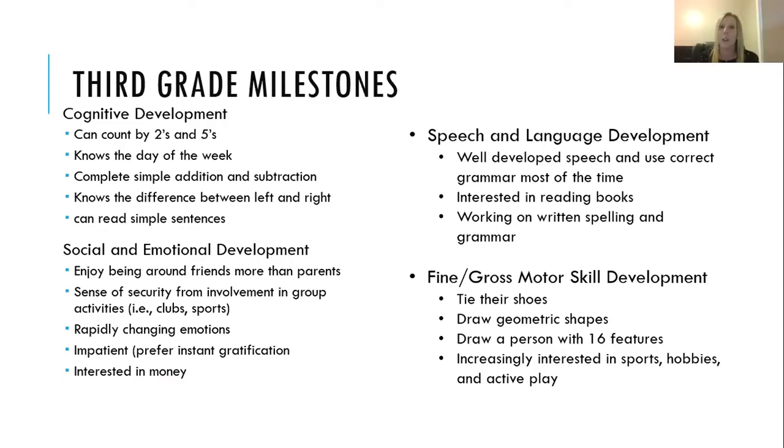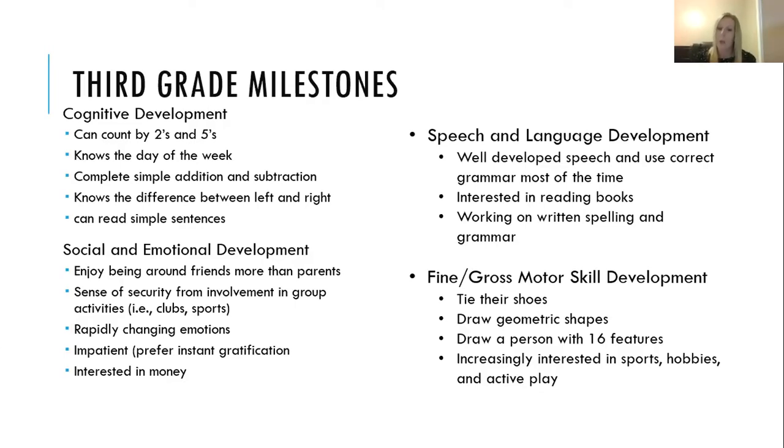Also, for speech and language development, they should be pretty well developed around this time. They should have pretty good grammar, some grammar errors, obviously, are acceptable. They are interested in reading books, although some kids just really don't have an interest in reading books. Maybe it's comic books, maybe it's something a little bit different versus chapter books.